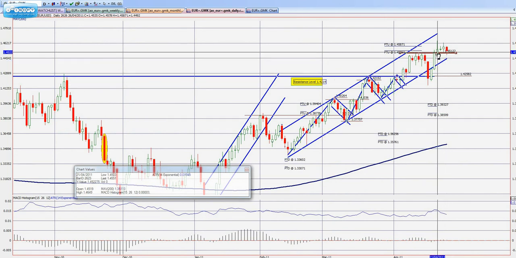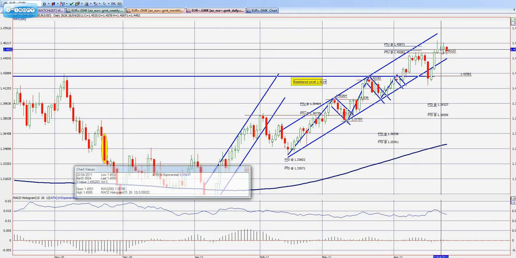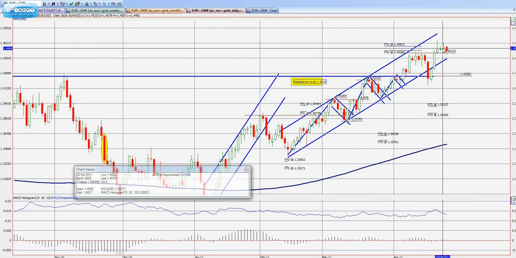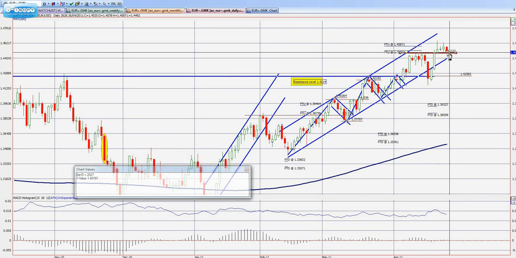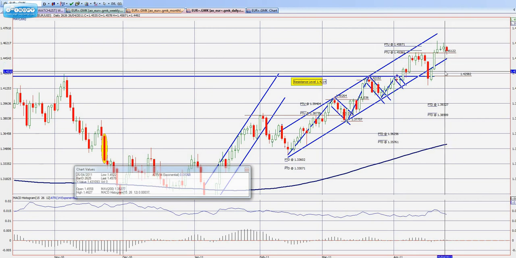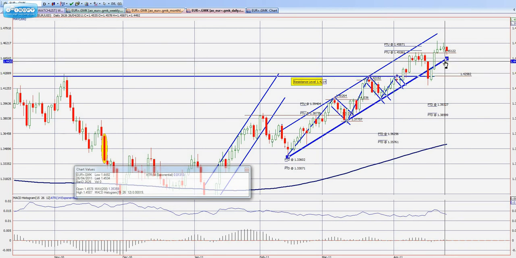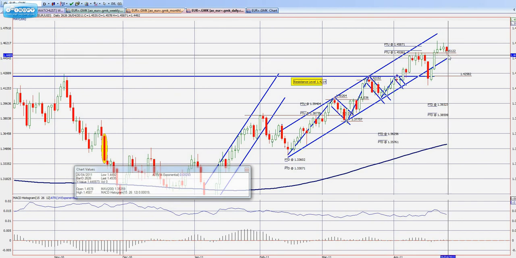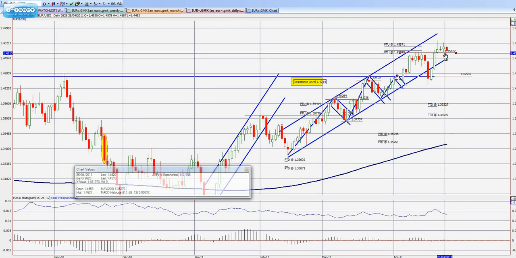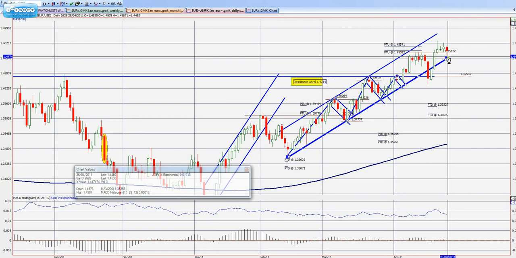Now we had a shooting star here, doji, spinning top. These are all reversal candles. Now a bear candle as of today, the 26th of April. So the next sort of form of resistance, support, is roughly around the 142.58 mark. Now I don't actually have any down targets on this euro, but it's looking more bearish than bullish.